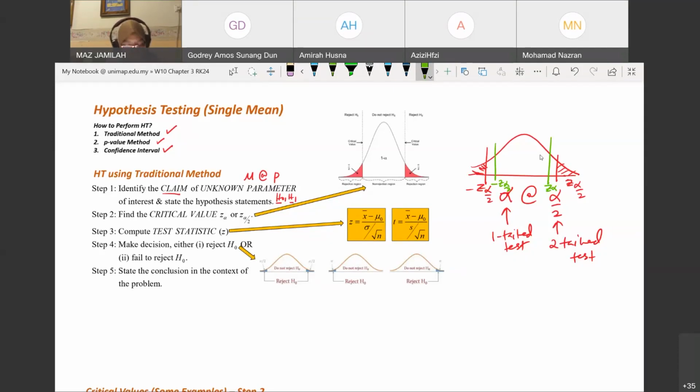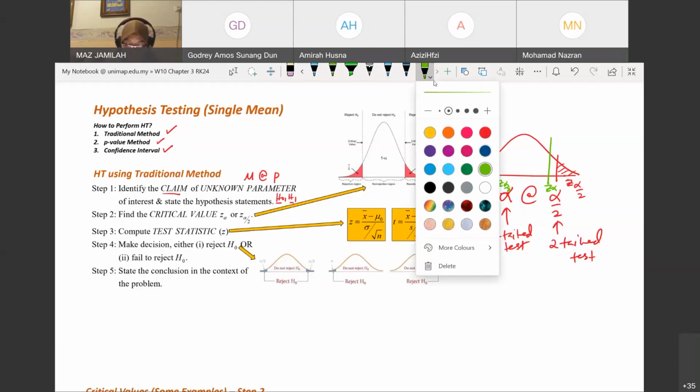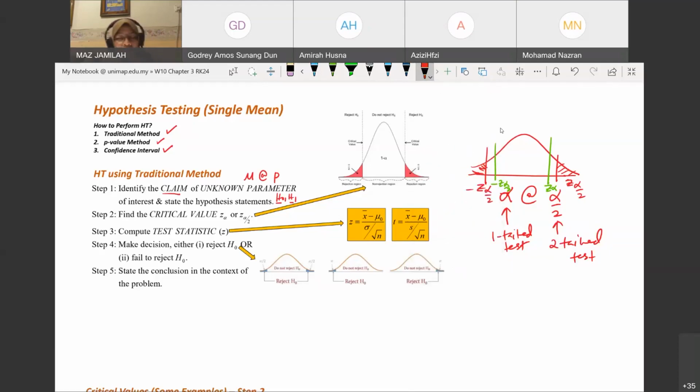Now, the third one, compute your test statistic, which involves some calculation with respect to your Z or your T. It depends on the sample size that you have in your investigation, or on whether sigma is known or unknown, as long as it refers to hypothesis testing for the population mean. If you are dealing with population proportion, then you will always use Z as your test statistic.